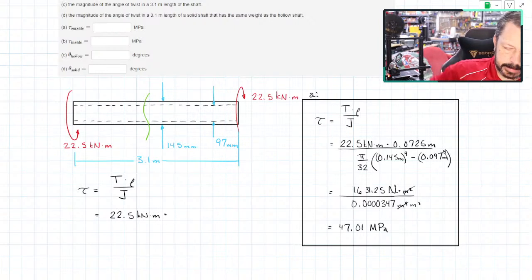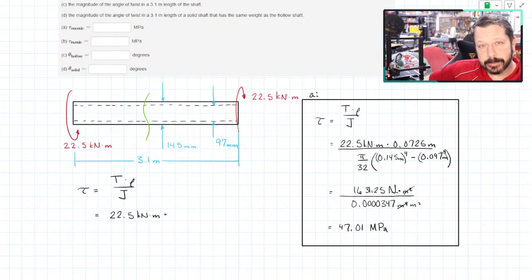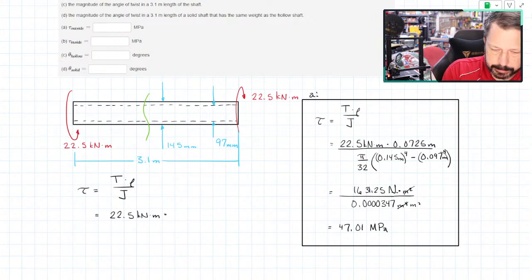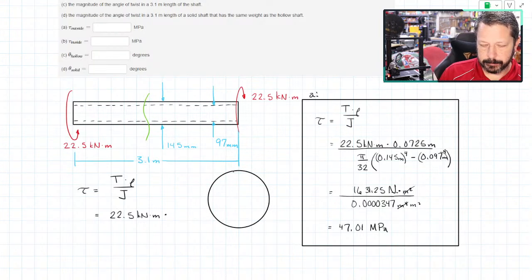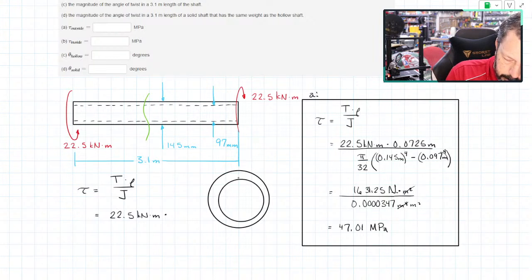Rho is different. The torque is the same, but the place that we're interested in calculating the shear stress is different. So maybe it would help if I did draw a little end view of our shaft here. There's the outer diameter of our shaft, but it is hollow. Something like that.